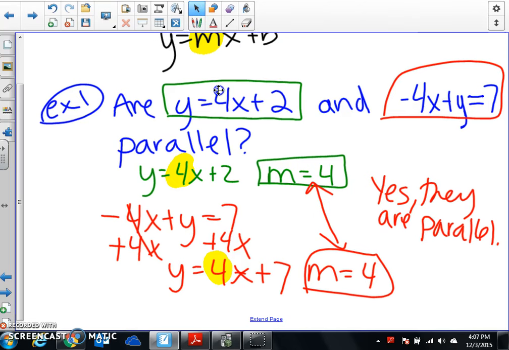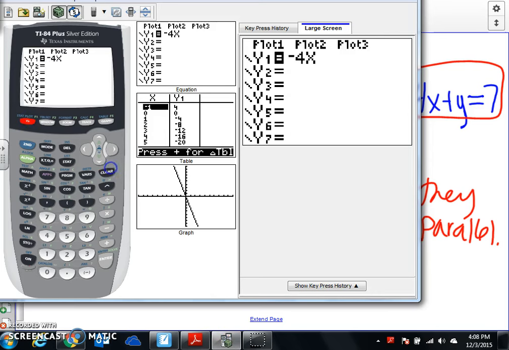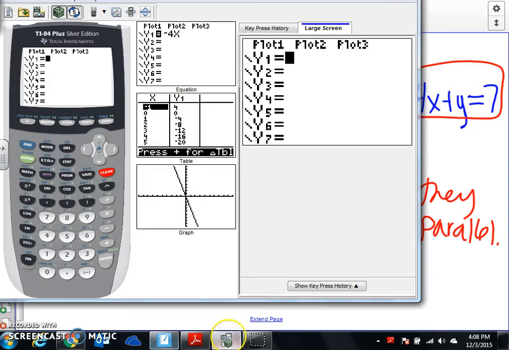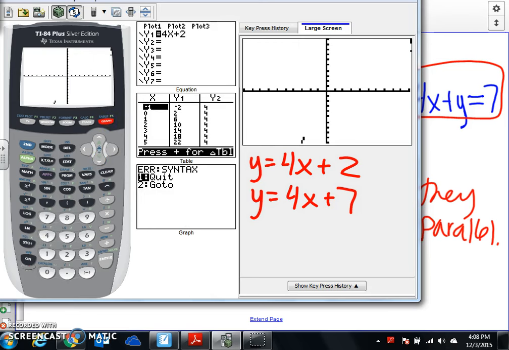And then if you grab your calculator, it's really easy to check. So go ahead and grab your calculator. You can go to y equals, clear out anything you have in there. All right, so the first one was 4x plus 2. The other one's 4x plus 7. I just put them into my calculator and graph.